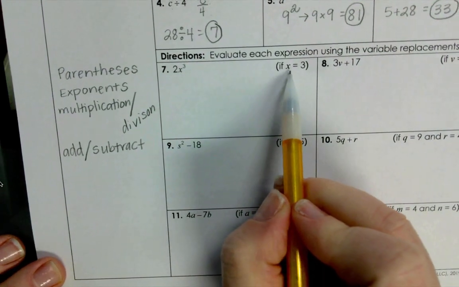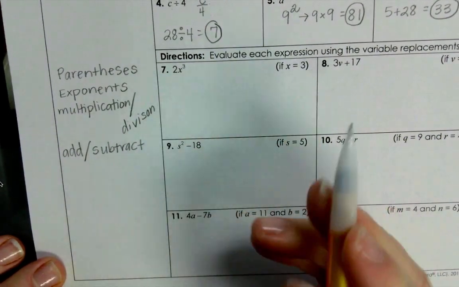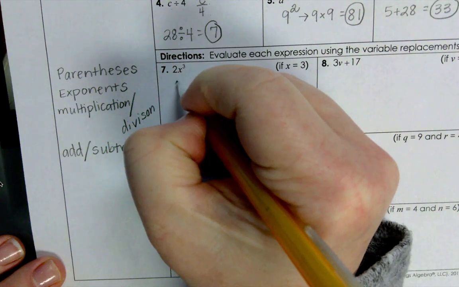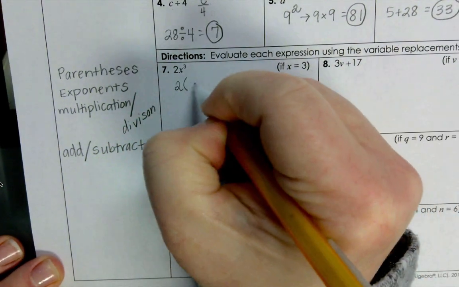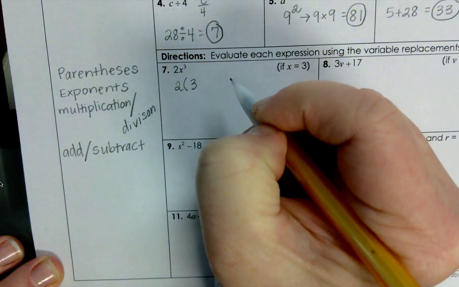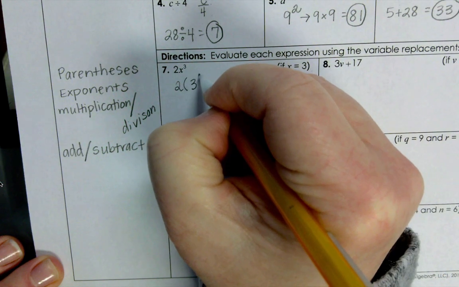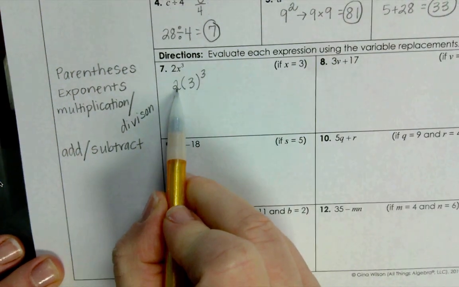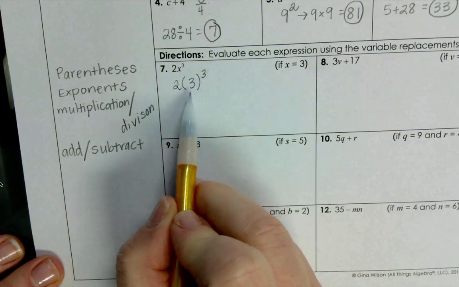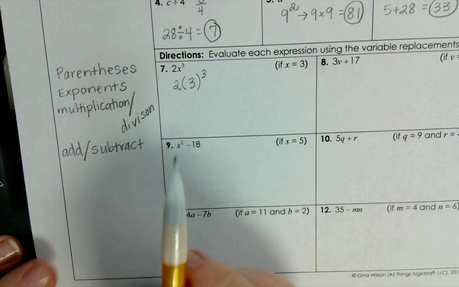So now I have 2x cubed, if x equals 3. So I'm going to rewrite my problem. 2, I'm going to open parentheses because now I'm giving x a value of 3, 3 to the power of 3. Okay, so right now I have multiplication and I have exponents. So I need to solve my exponents first.